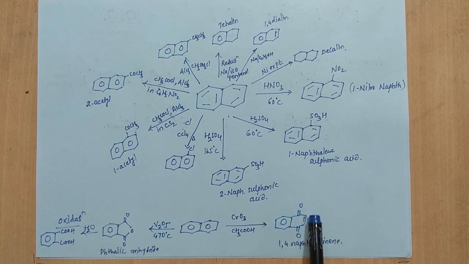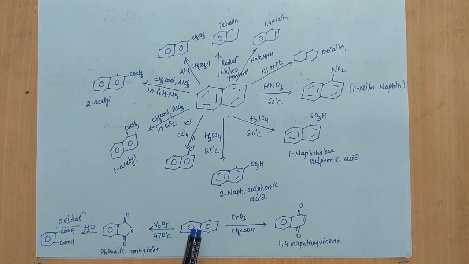This is called a quinone structure. 1,4 is the position of the double bonded oxygens. Similar kind of oxidation can be carried out in presence of air with V2O5, that is vanadium pentoxide, at a temperature of 470 degrees Celsius. We have to heat this.